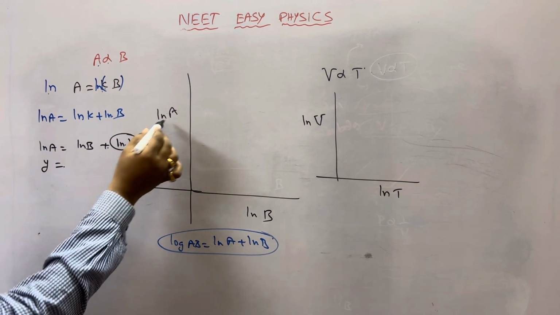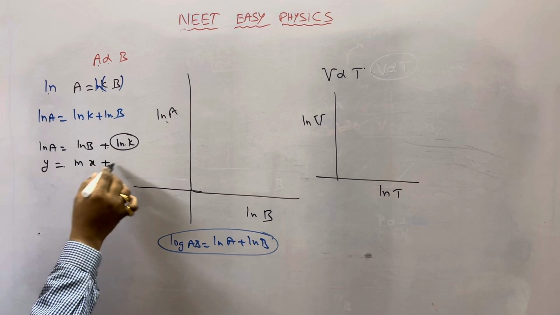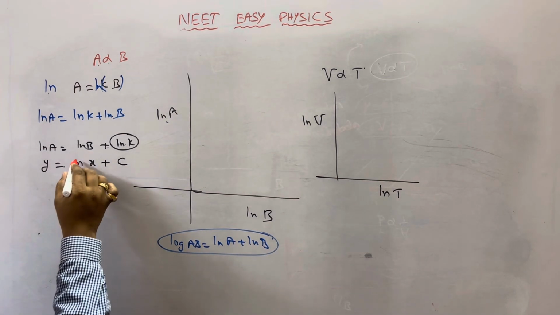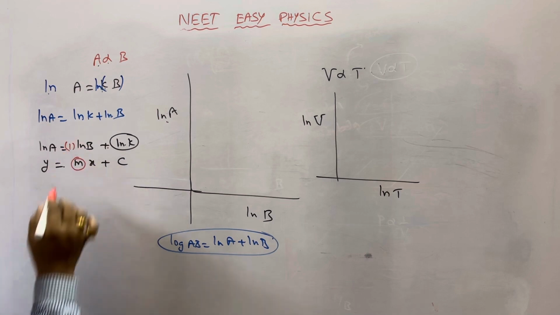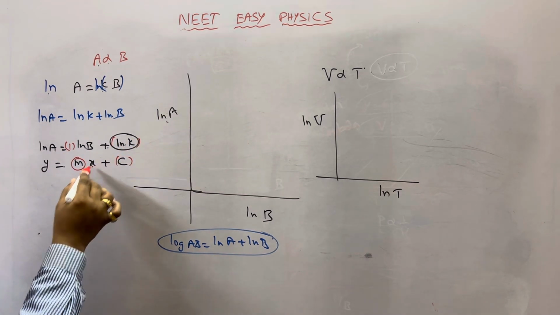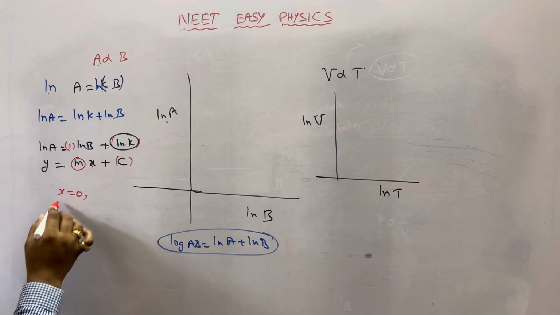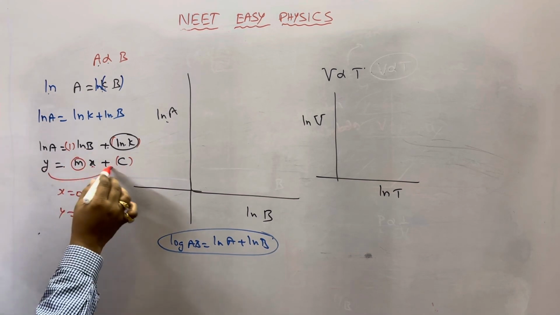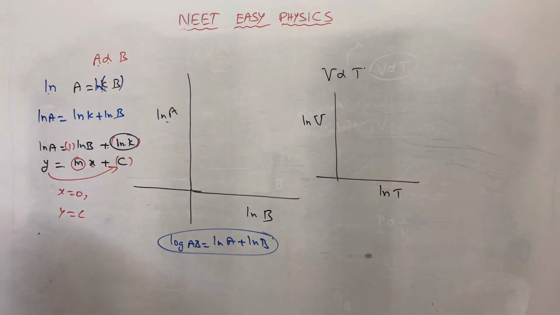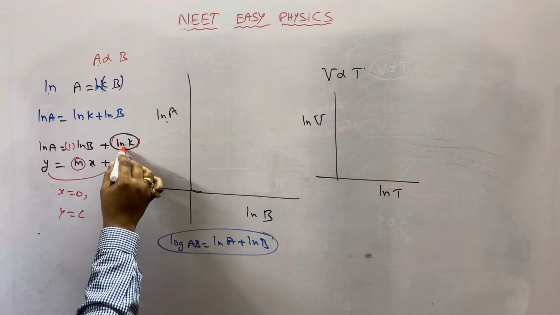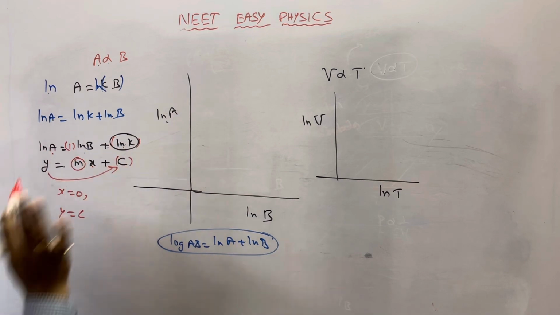So y is equal to mx plus c. In place of m here, 1 is there, and in place of the constant, log k is there. Whenever x is equal to 0, what will come? y is equal to c. Isn't it? Therefore, log constant, y is equal to mx plus c shape.